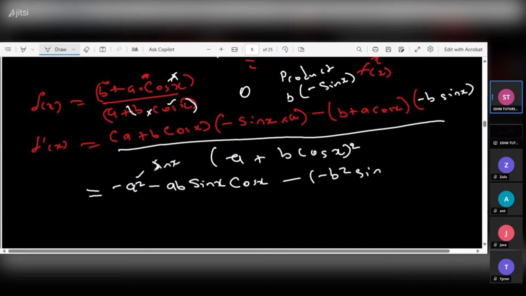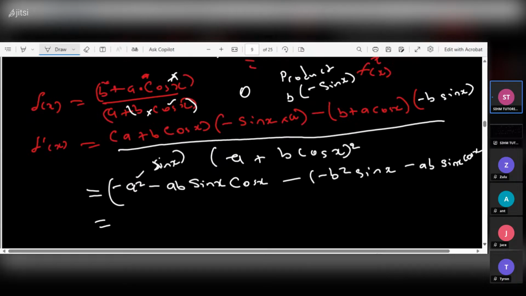Even now I'm being confused because, if you check, this is a lot of work that you should be more careful about. So negative b squared sine x, and then minus what? We can even minus ab sine x cos x.